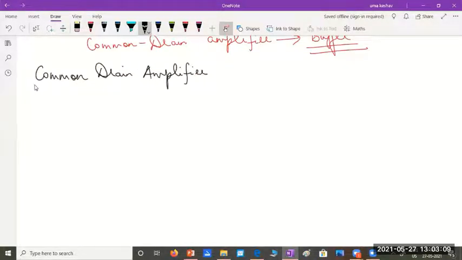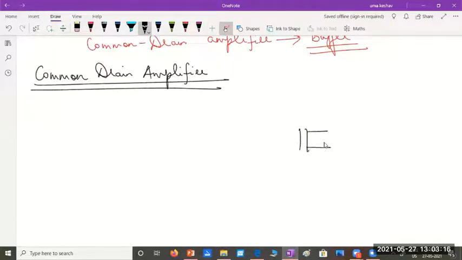Let us draw the circuit and let us try to analyze. So as usual, we'll consider the simplified circuit where we haven't included biasing resistors and DC voltage sources. In a common drain amplifier, I should connect the load resistor at the source.